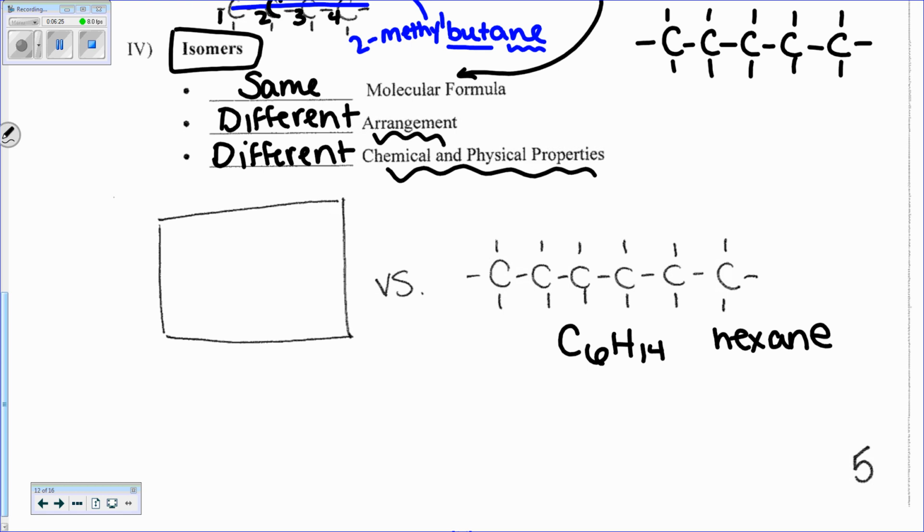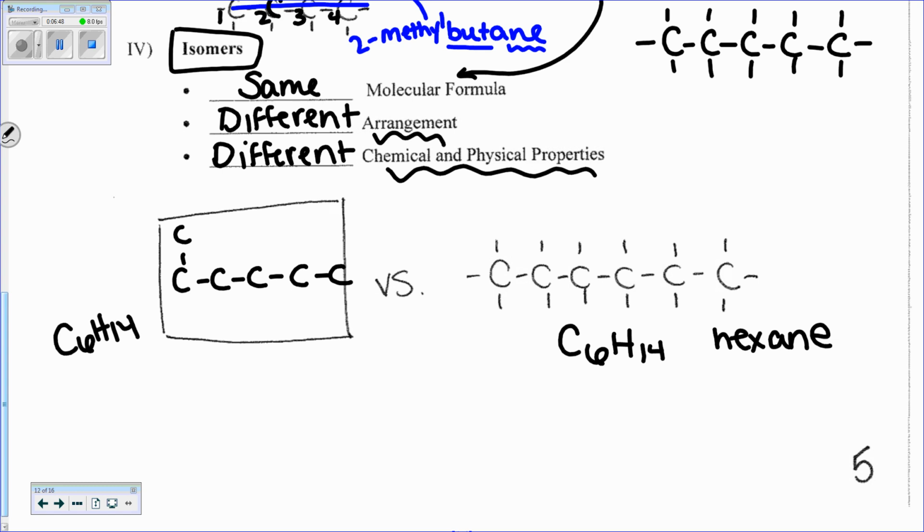Okay, so now I have to do an isomer. It still has to be C6H14, but it can't look like that. So maybe I should dump one of the C's off. Now I've got 5 in a row. Could I just do this?